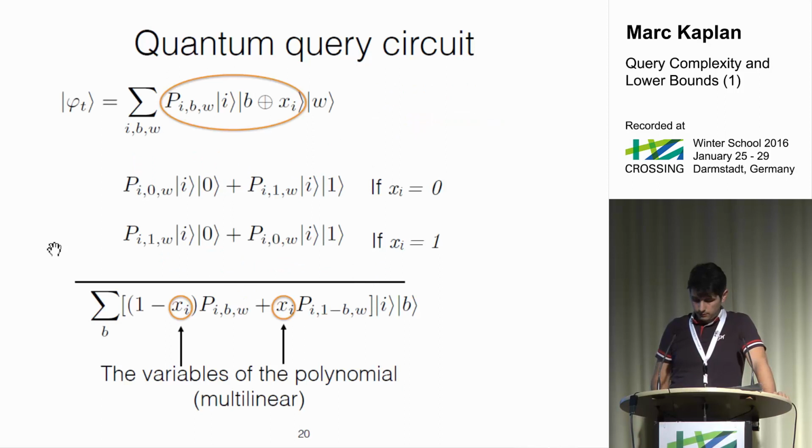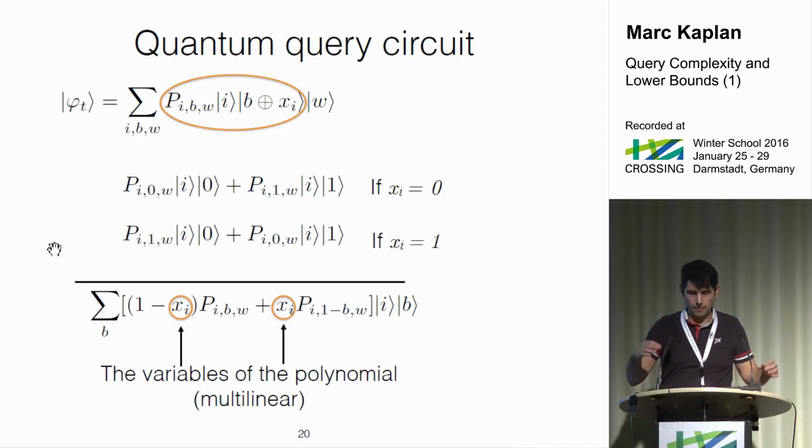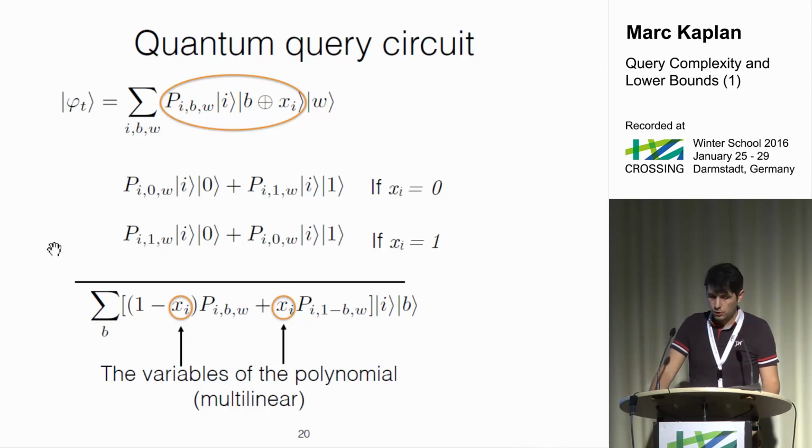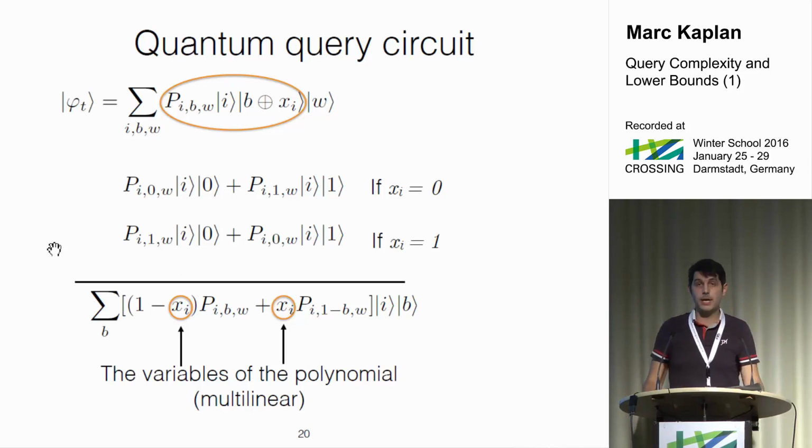Okay, so now let's focus on just the circled part here in orange, and I will again unpack everything to show you there is a very nice way of writing it. Suppose that x_i is 0, then you get a 0 in this register if b equals 0, and you get a 1 if b equals 1.